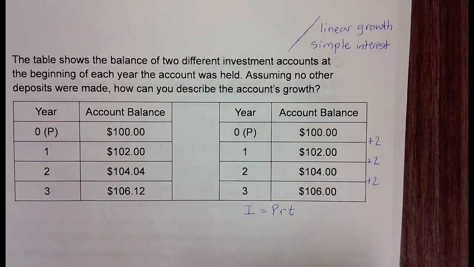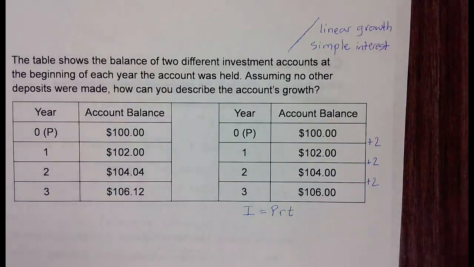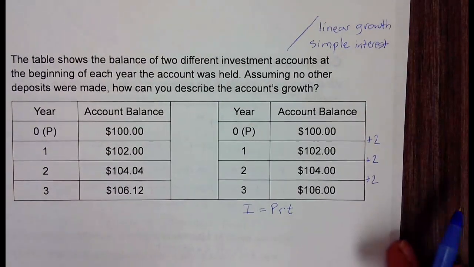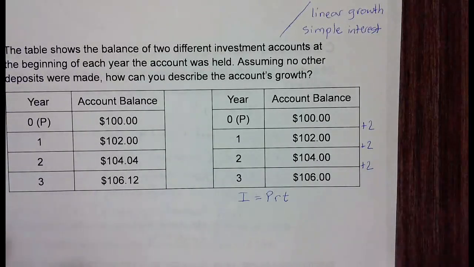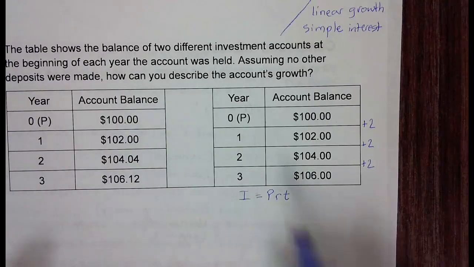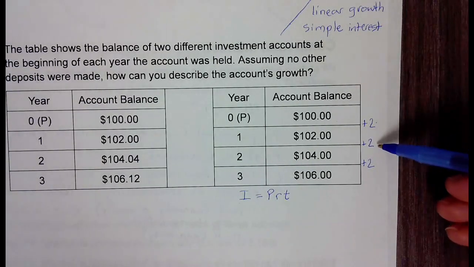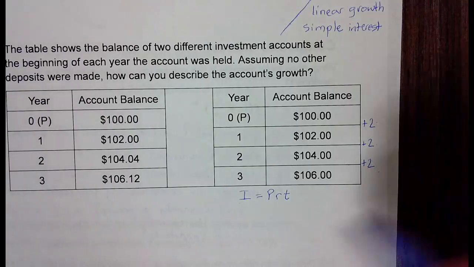Then, to find out the interest rate, I'm going to plug in that information in each of the spots. So in the simple interest formula, it tells me just the amount of interest that was earned, not the total amount that's in the account at the end of that time. So the interest that was earned each time was $2.